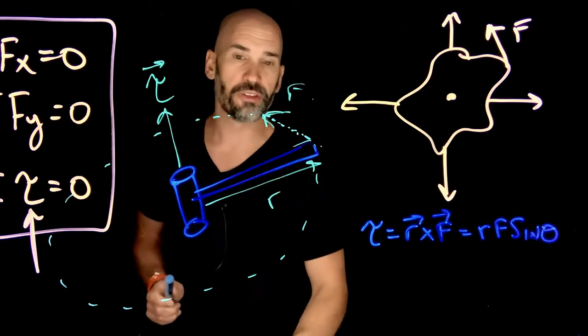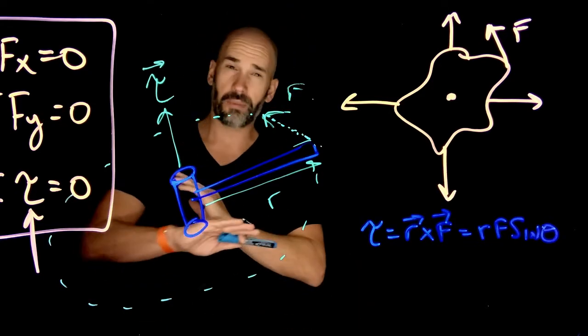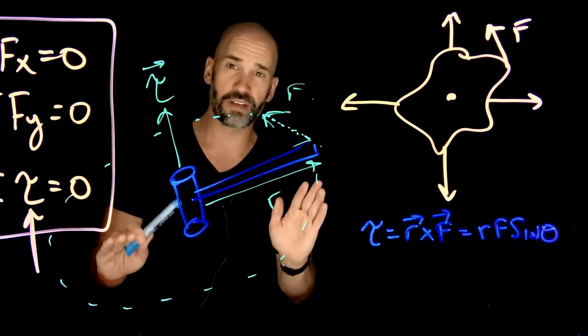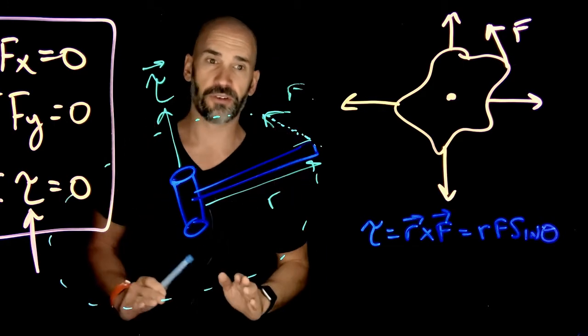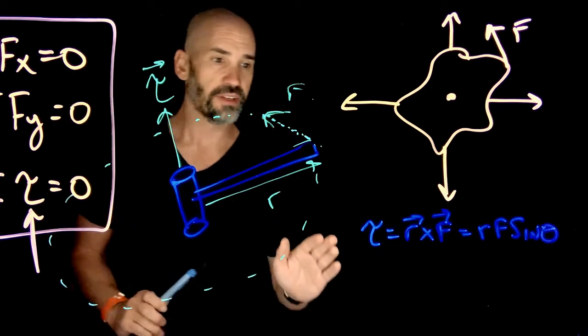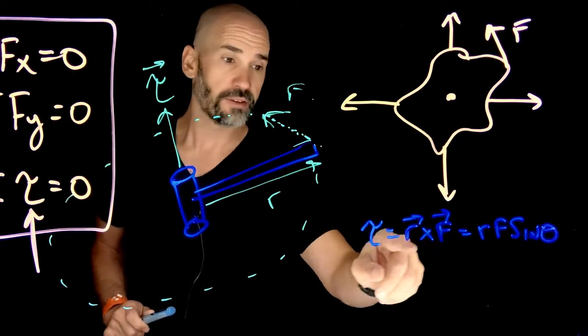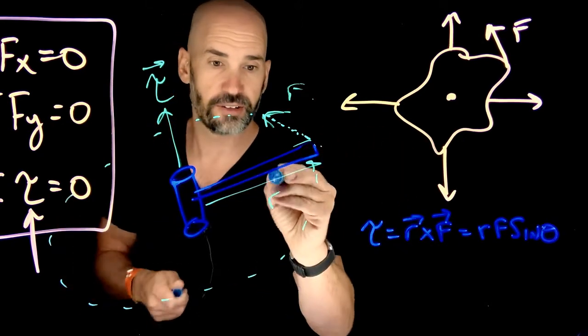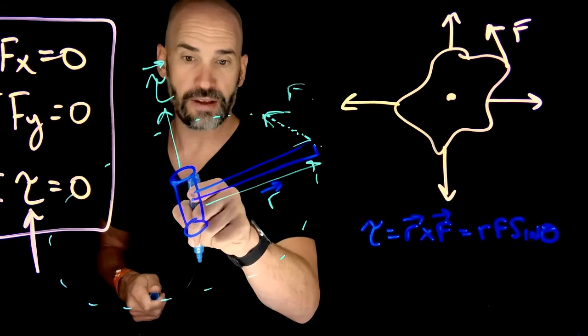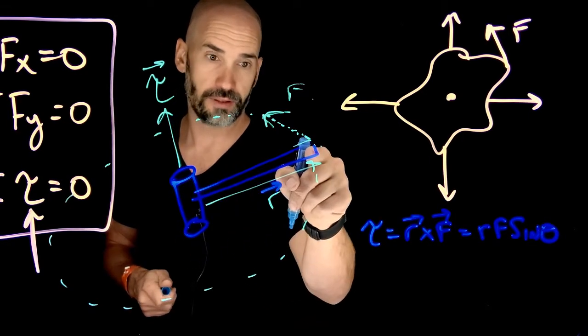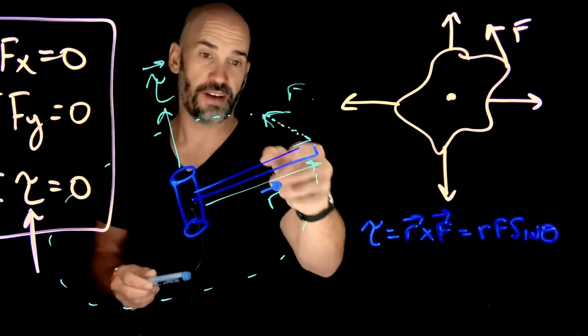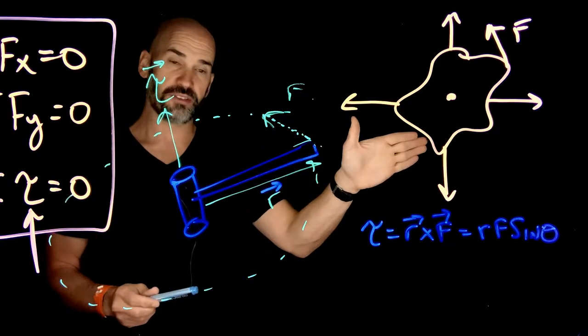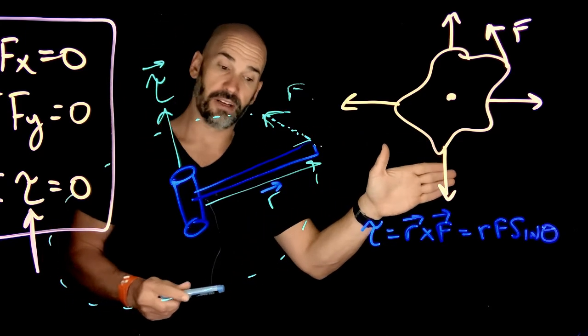And there's this thing called the right-hand rule, which is going to come up a million times over and over again in physics, but we'll start it here for the first time. And this right-hand rule says, if you're doing any kind of a cross product, you put your fingers in the direction of the first vector, right? So this R here is a vector. It points away from the axis of rotation, right? And F is a vector. So R is pointing in this direction, and I encourage you guys to follow along in the video.